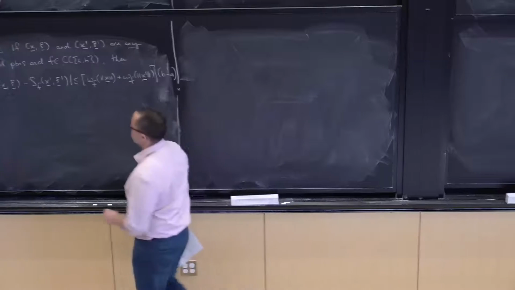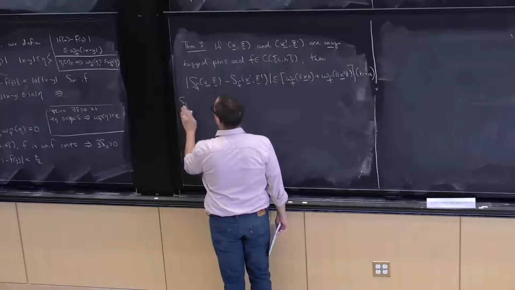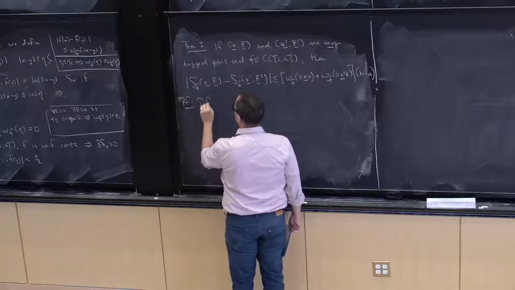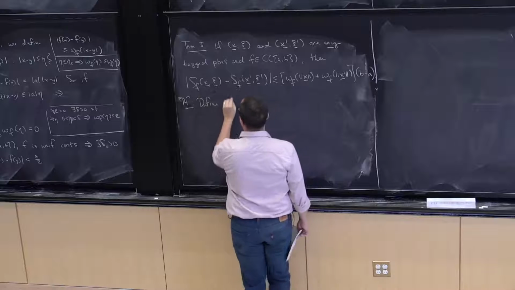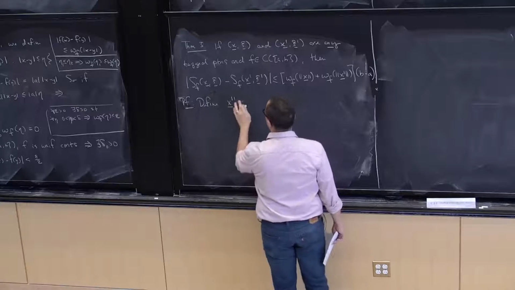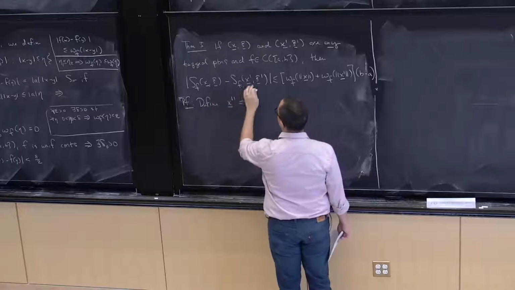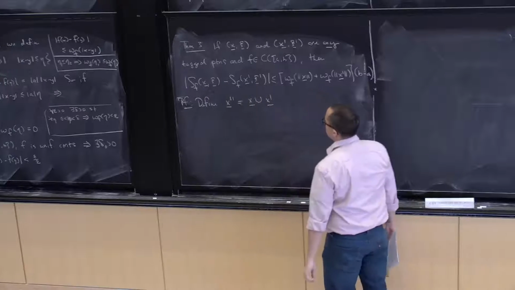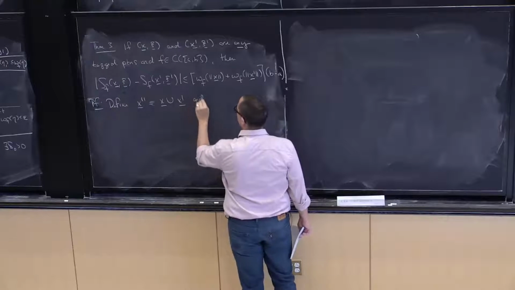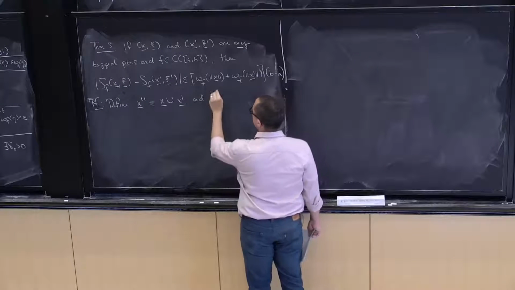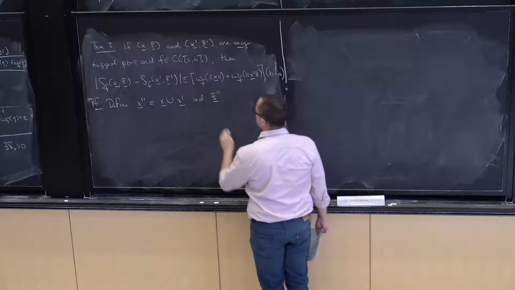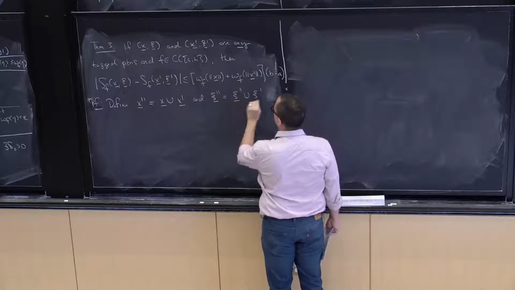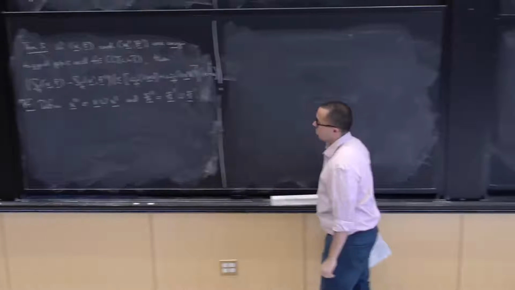Okay, so how do we prove this? It's a simple trick using the previous theorem. Define a third partition to be the common refinement of these two. So take this partition and union it with the second one, and take a new set of tags to be the union of the two tags.